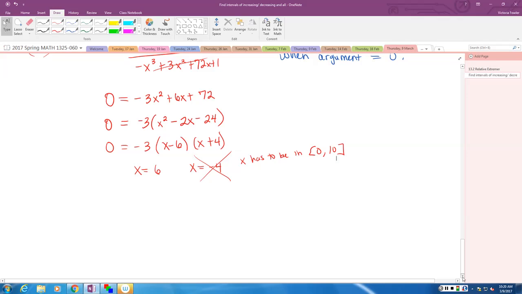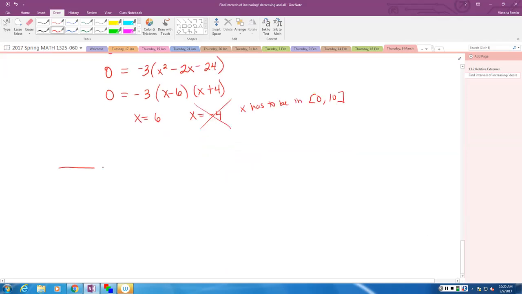Okay, so I just have to test using my calculus techniques that where x is equal to 6, I actually will go from increasing on the left to decreasing on the right. I have to make sure that this is a max. Otherwise, I could just say, oh, I really messed up.